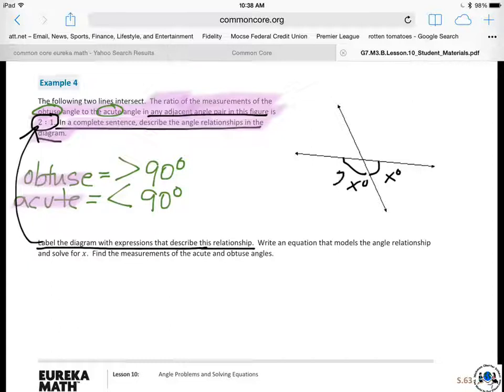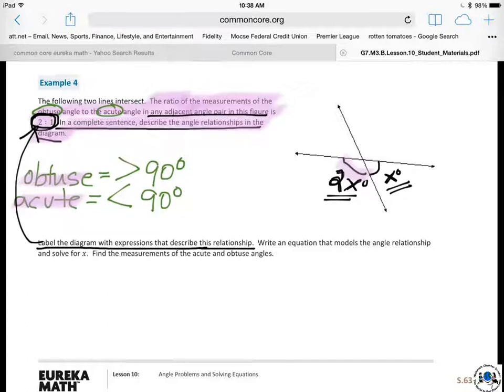Well, of course, I would put a 2x here, because first of all, I know that is the obtuse angle, and that's the larger of the two. Based on the fact that it tells us right here that any adjacent angle pair in this figure is 2 to 1, this would be 2x, and this would simply be x. So we could use these two expressions to describe these two angles right there.